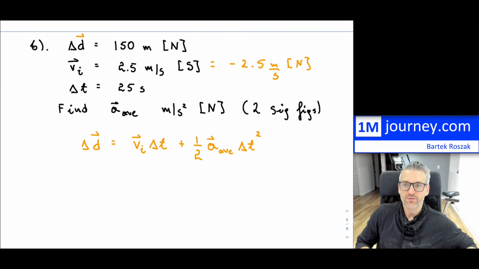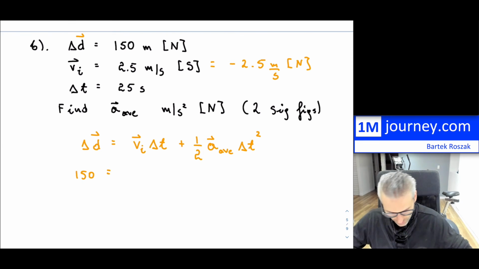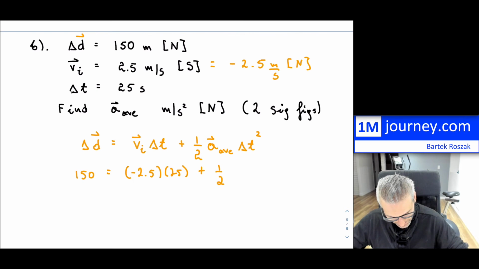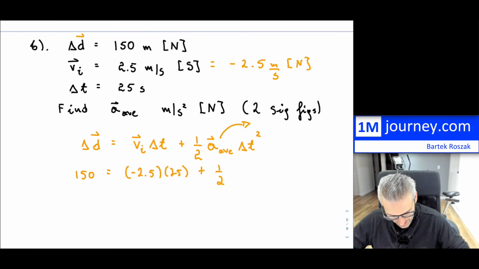Let's substitute everything back in. So 150 equals, now be careful in here, negative 2.5 because we switched it, times 25, plus 1/2. This, a, I'm going to bring to the back, so you can do that because it's a variable that I have in there. And then the time, which is 25 squared.